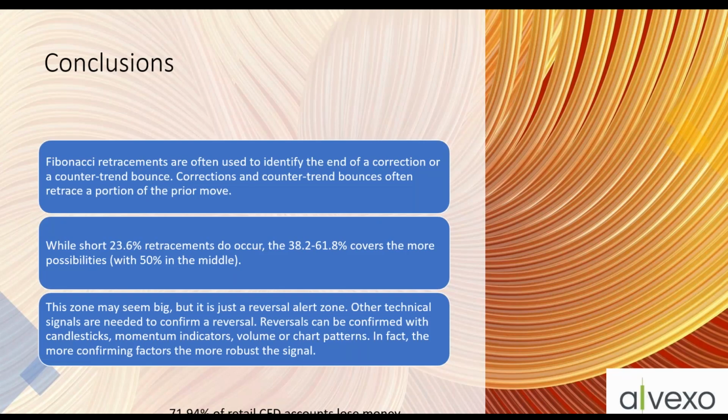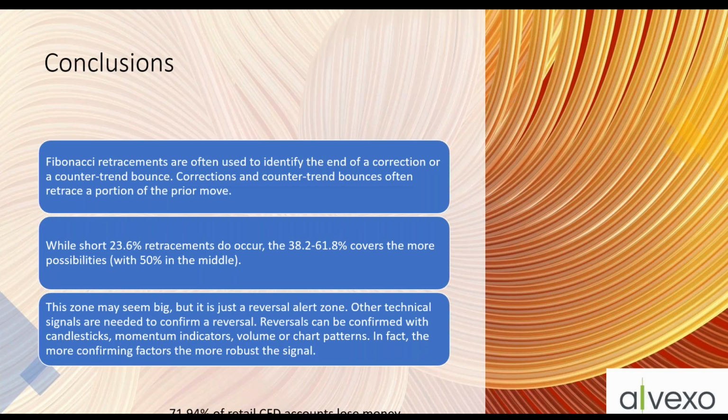Fibonacci retracements are often used to identify the end of a correction or the counter trend bounce. Corrections and counter trend bounces often retrace a portion of the prior move. While short 23.6 retracements do occur, the 38.1 to 61.8 zone, or the 38.1 with the 50 in the middle, covers just about all the movements. The zone may seem very big, but it's just a reversal alert zone.